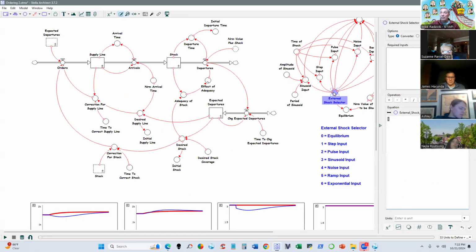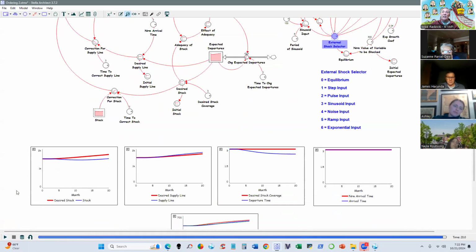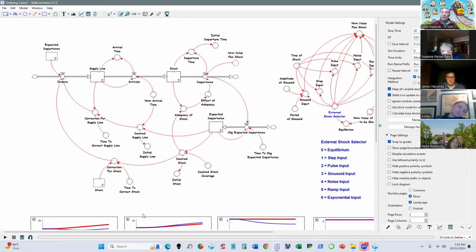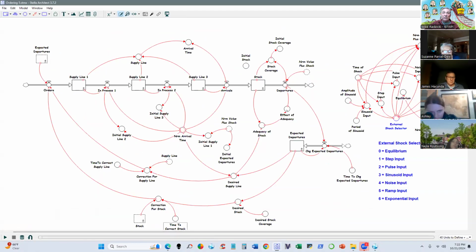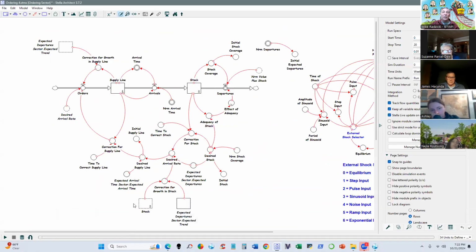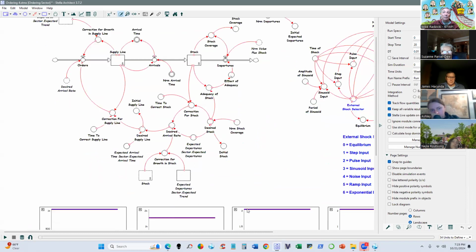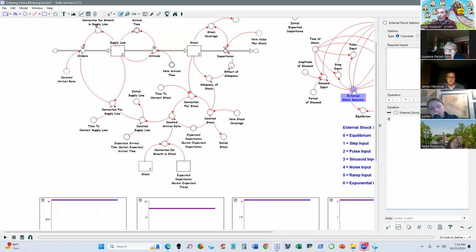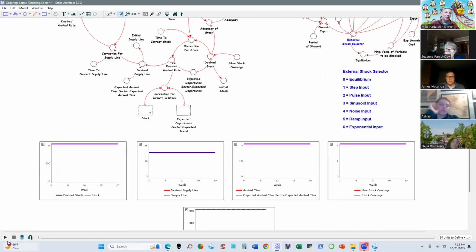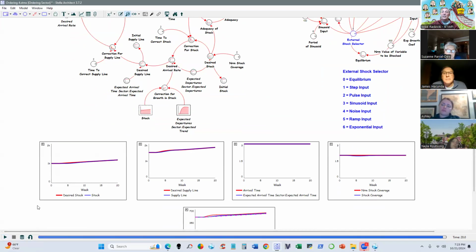And when we put in number 5 here, we had steady state error. Okay, so let's circle back and see if we can fix that. Is it this one? No. Okay. So if we go here and put in number 5, now we fixed it.